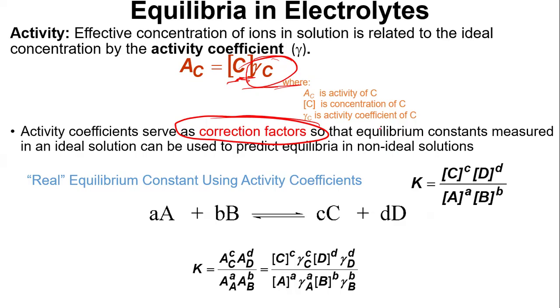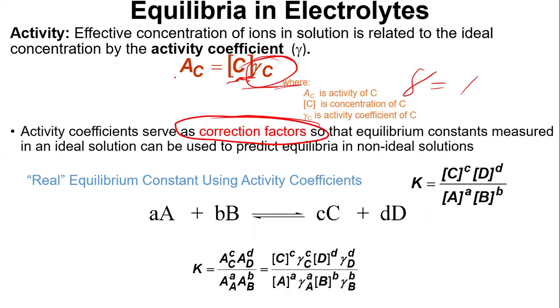Now, in a non-ideal solution, it is the activity coefficient that will tell us by how much the solution is deviating from its ideal property. So if the solution is ideal, the activity coefficient is 1.